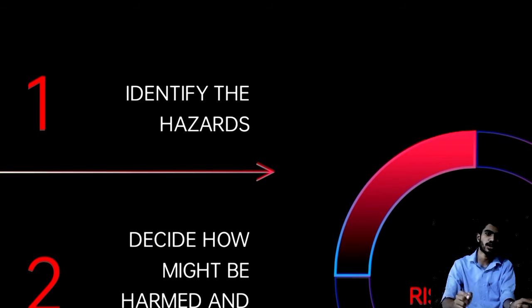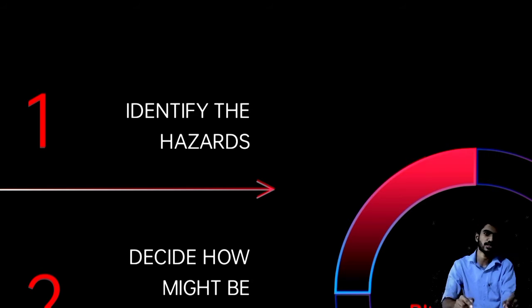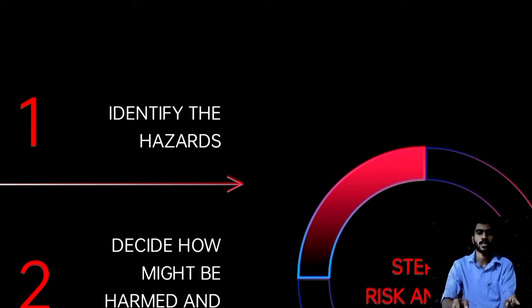So now let's look into the first step, that is identify the hazards. So for example, in a factory or a workplace, they may use many types of substances for their daily work. So let's assume that in a factory or a workplace, the employees are exposed to the use of some chemicals or substances for their daily work, and the employees get affected by such substances.